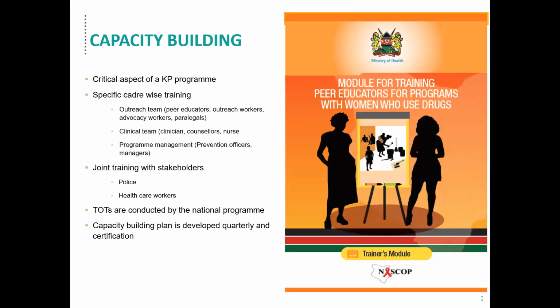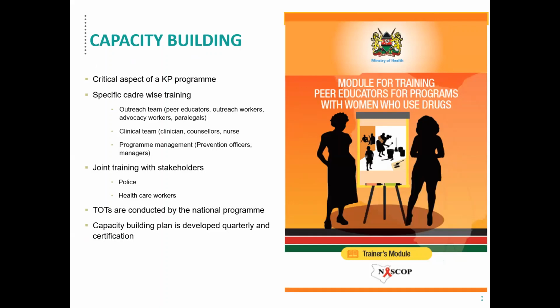In terms of capacity building, this is a critical aspect of a KP program. We have specific cadre-wise training: an outreach team of peer educators, outreach workers, advocacy workers and paralegals, and a clinical team comprised of the clinician, counselor, or nurse.